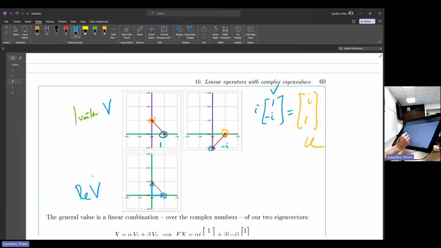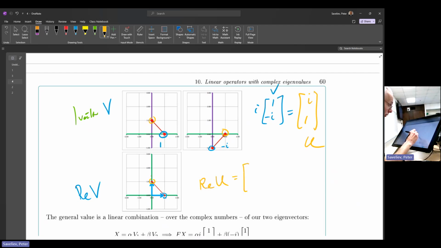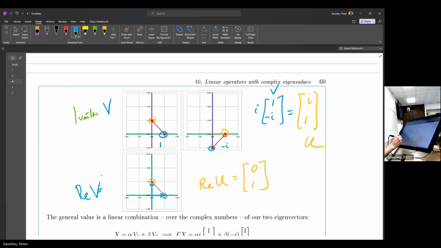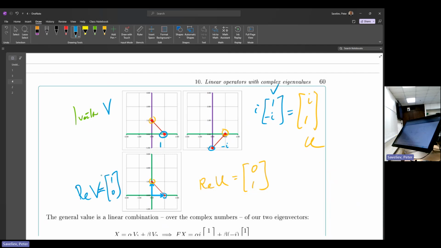And then I have produced the real part of u, which is 0, 1. The real part of v is 1, 0, and the real part of u is 0, 1. You see? So multiplication by i turns v into u. That's the whole computation, the top right.